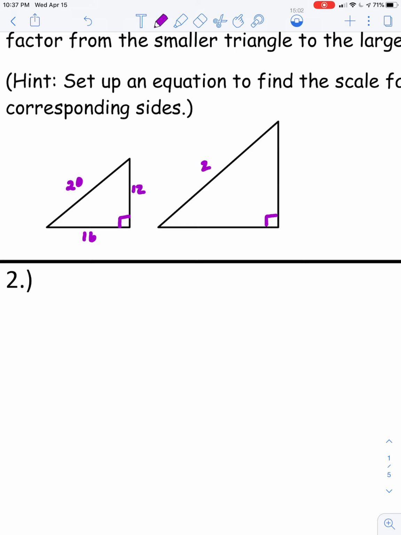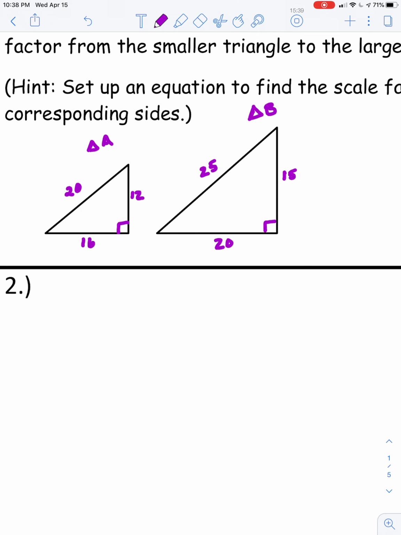On this one, we have 25 and 20 and 15. We're going to call this one triangle A, and this one is triangle B. So we're giving them some names here.